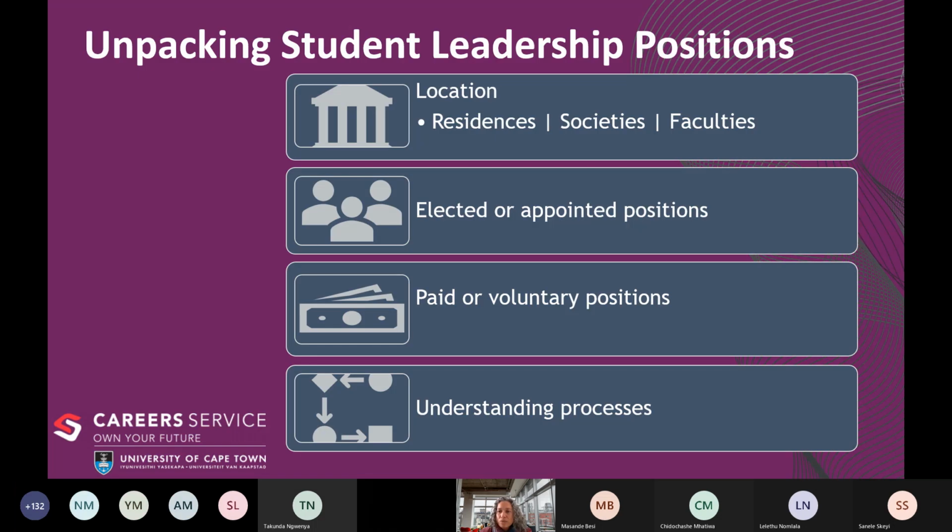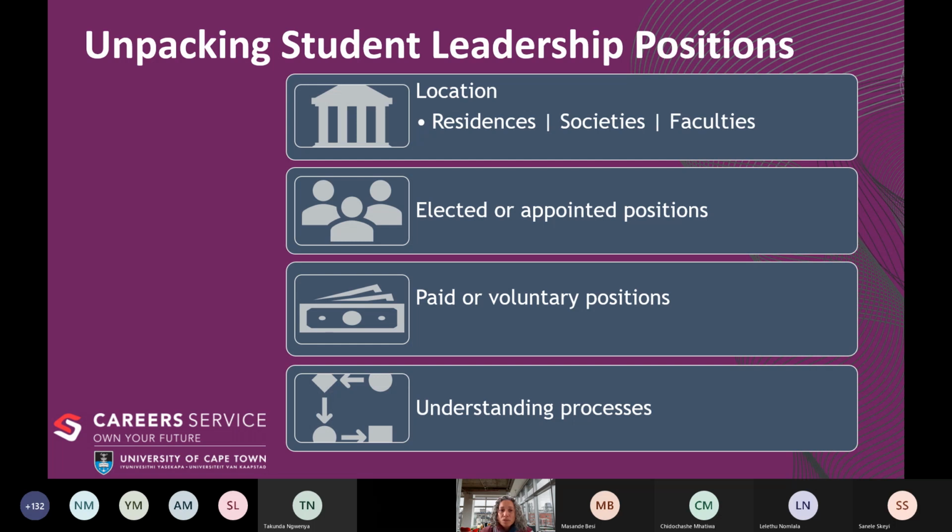Okay, so I think what is important to unpack is the different types of roles that you actually can be part of. Obviously location is important. It might be in res, like we've seen some of you put down. It might be within societies at UCT, and it might even be within faculties.